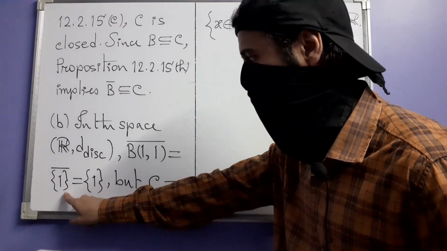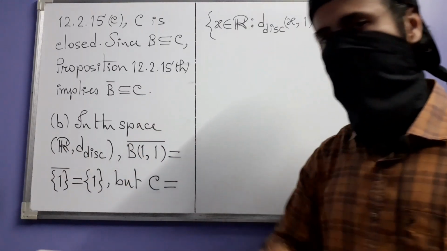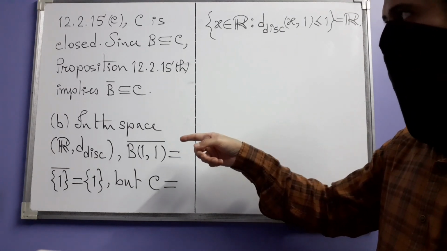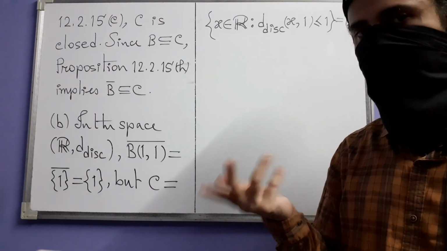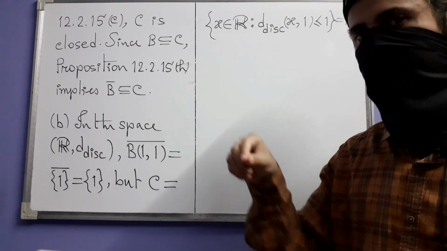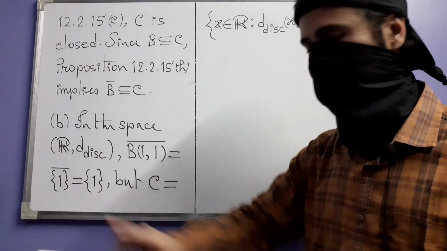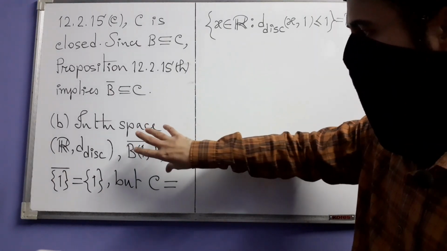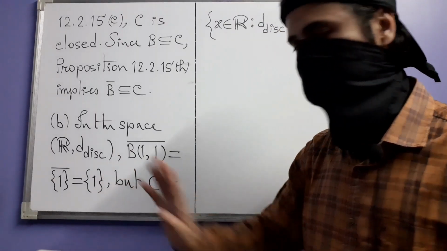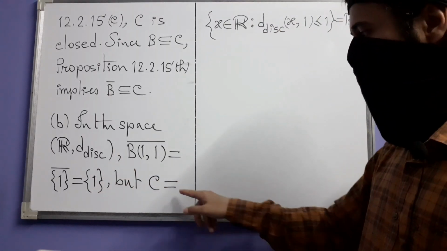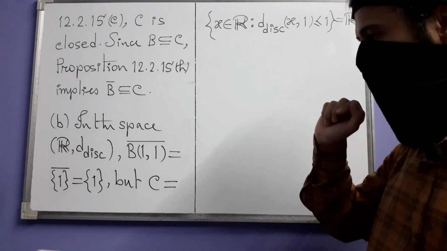So that is why you have this singleton set which is closed, and that's why its closure is equal to the set itself. You recall one of the parts of this proposition where we proved that singleton sets in any metric space are closed. It is from there that we are getting this equality. So the closure of this ball, that is this B bar, in this case is the singleton set consisting of 1. But what is the corresponding closed ball also centered at 1?